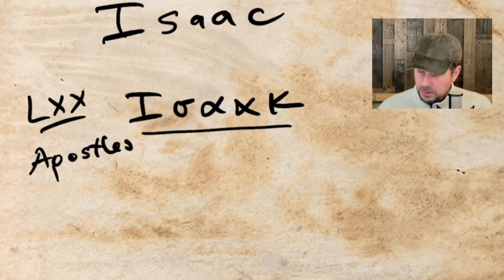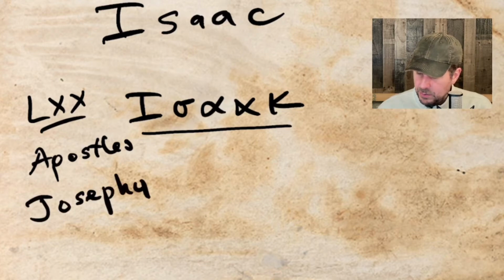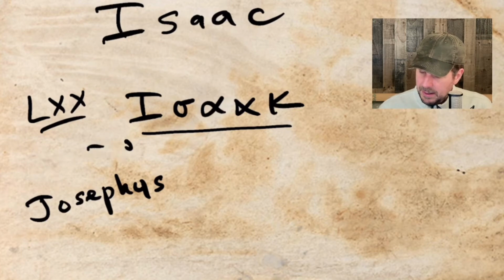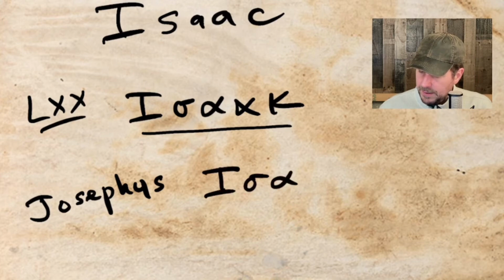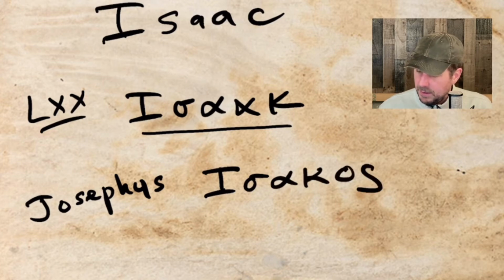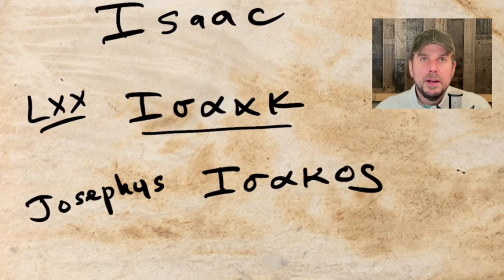Now, Josephus, however, who was an educated Jew from the first century, towards the end of the first century, he wrote after the time of the apostles. Josephus spelled it like this: Yoda, Sigma, Alpha, only one alpha though, Kappa, and then he put what we call the inflected endings, Isakos.